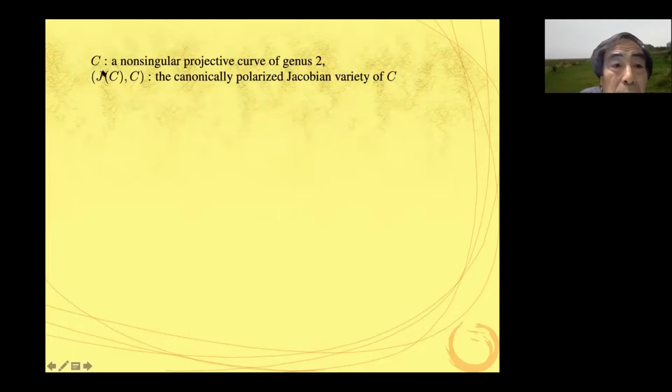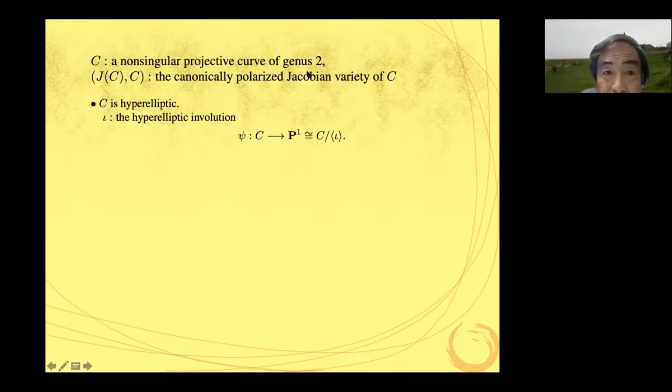Now consider a non-singular projective curve C of genus 2, and its Jacobian variety, with the canonical polarization of this Jacobian variety. Curve C is of genus 2, so C is hyperelliptic, so we have the hyperelliptic involution, and the quotient by the hyperelliptic involution is isomorphic to P1.